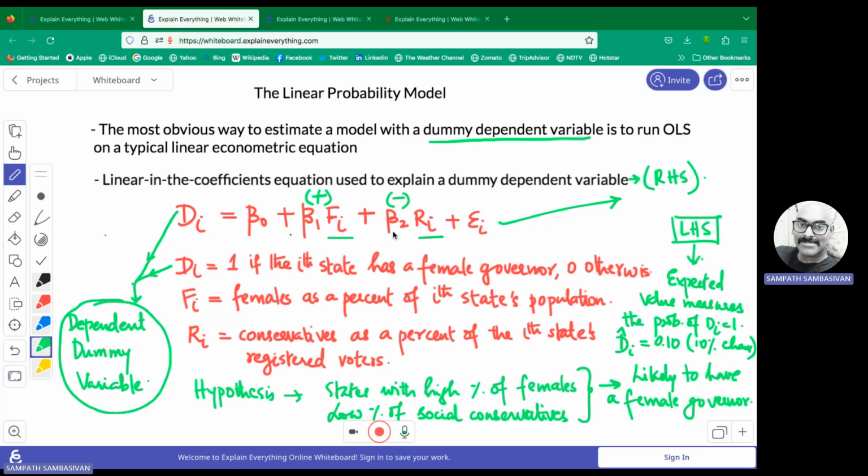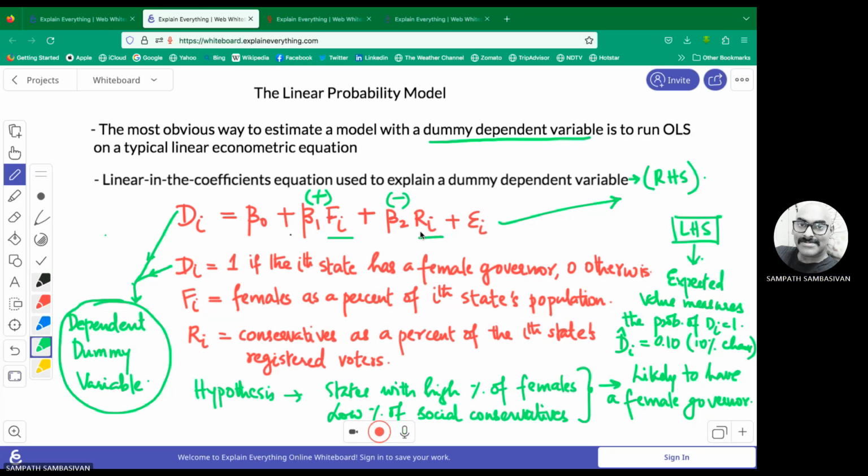People who maintain such a mentality, who have a very gendered view of who should be in power positions, are what we call social conservatives. So Ri indicates the percentage of such social conservatives among the registered voters in that particular state.